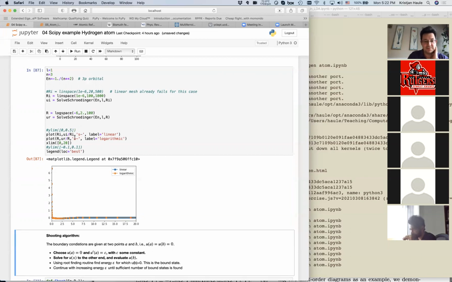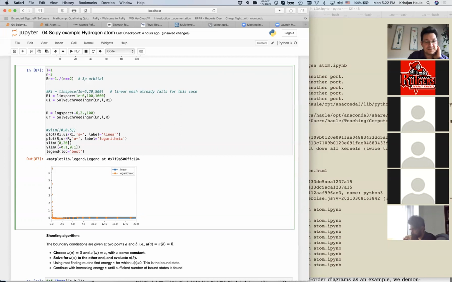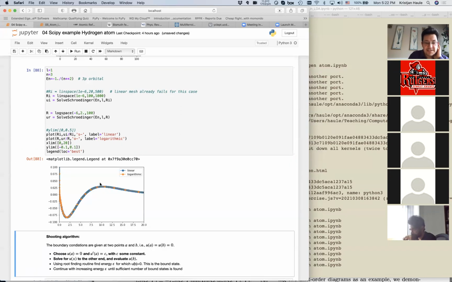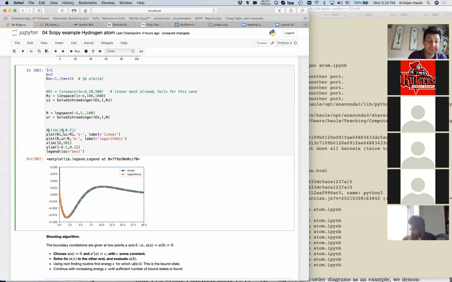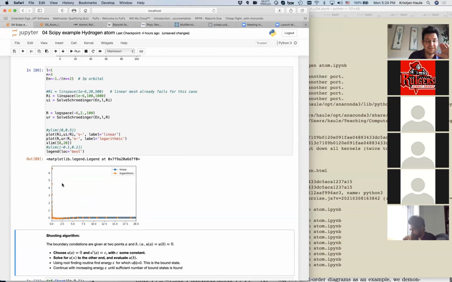To demonstrate this, I execute this, and you see the points are exactly on top of each other. Let's zoom in. You see the points are exactly on top of each other. So with a logarithmic mesh, we can reduce the number of points by a substantial factor, basically a factor of 10, and we still get pretty reasonable precision, a solution of the same quality.